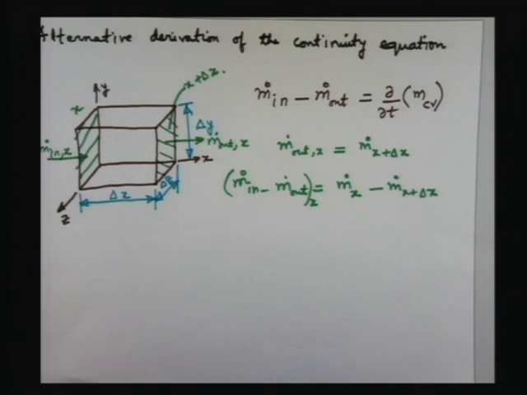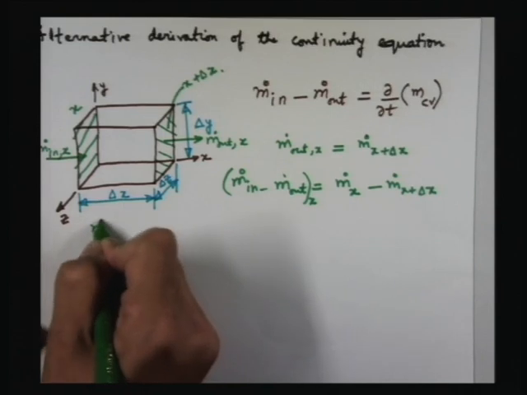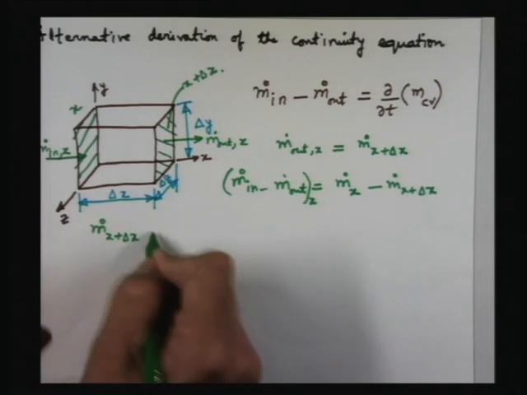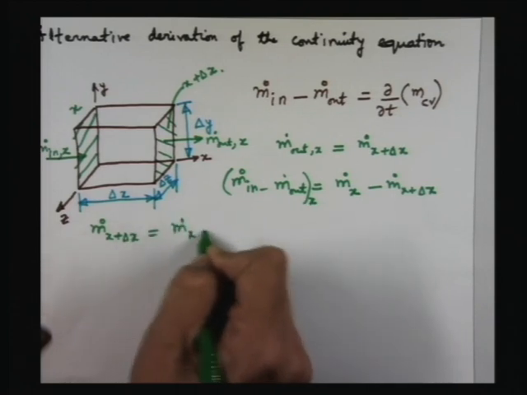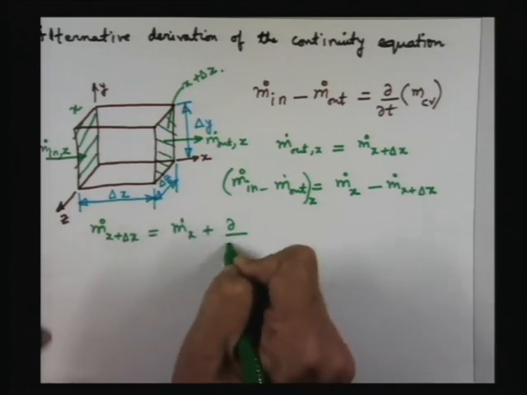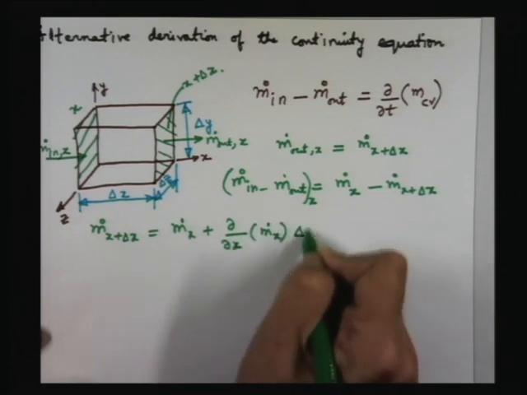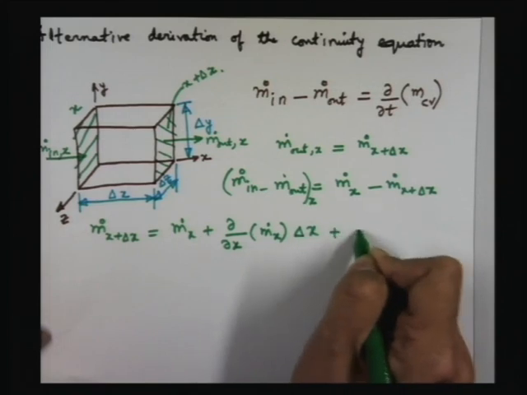Now it becomes a problem of mathematics where our objective is to write a function of x plus delta x in terms of a function of x. This we can do by Taylor series expansion. So we can write m dot at x plus delta x is equal to m dot at x plus plus higher order terms.